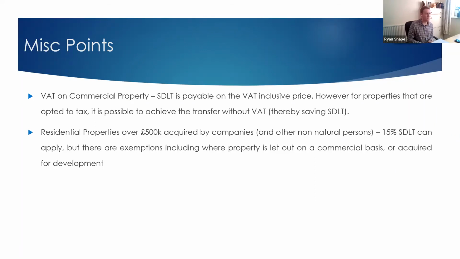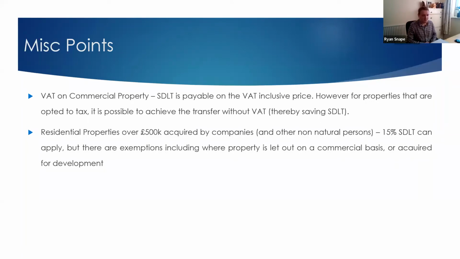And then the final point I've noted on there is a piece of anti-avoidance for residential properties. It's where residential properties over £500,000 are acquired by non-natural persons, which typically is going to be companies. Potentially the SDLT payable can be 15%. Now, those of you that may have spotted that I've been talking about transferring residential properties into a company.